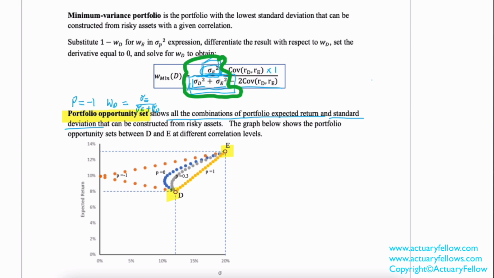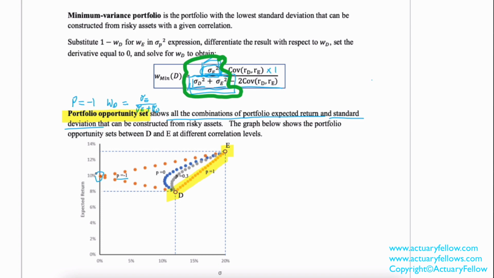That's the yellow line. Third, graph the line for perfectly negative correlation, with correlation equal to -1. It also has a linear relationship, and the portfolio variance can be 0. That's the y-intercept. Draw a line from the y-intercept to E and another line to D.